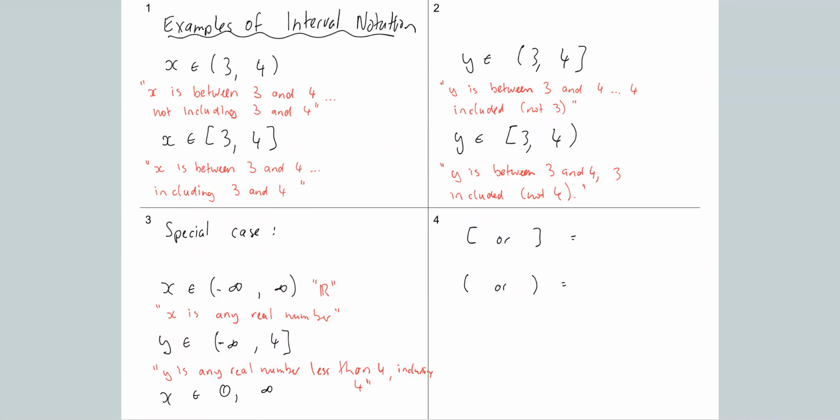Okay. And maybe I'll leave this one without writing anything, so I don't have enough room. But that, for example, would mean x is everything from 0 to infinity, but not including 0. Okay, so that's how we use that.